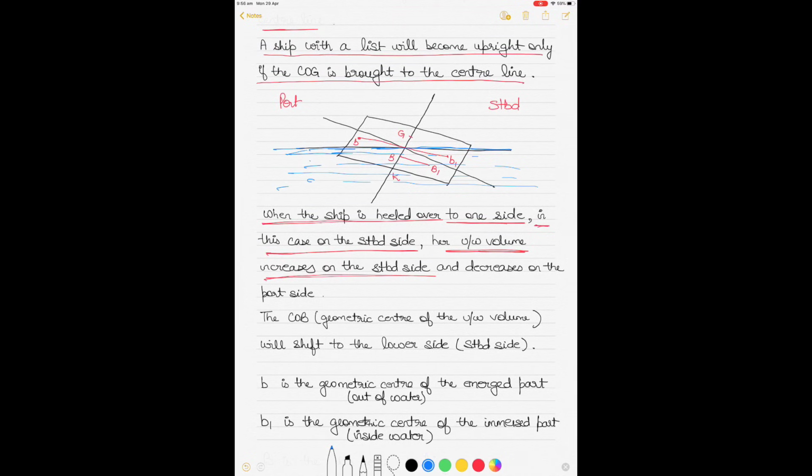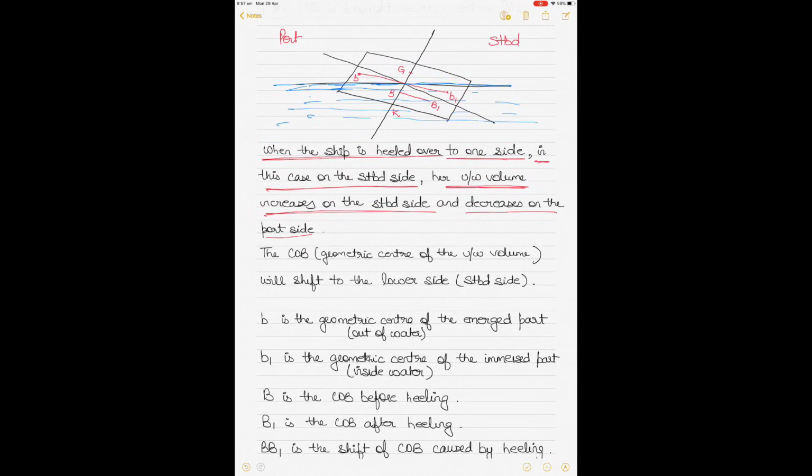You can see that her underwater volume on the starboard side is increasing. Underwater volume refers to the volume of the ship which is under the water, and of course the underwater volume decreases on the port side, because the ship's port side is now coming out of the water. So the center of buoyancy, which is the geometric center of the underwater volume of the ship, shifts to the lower side, which is the starboard side in this case.